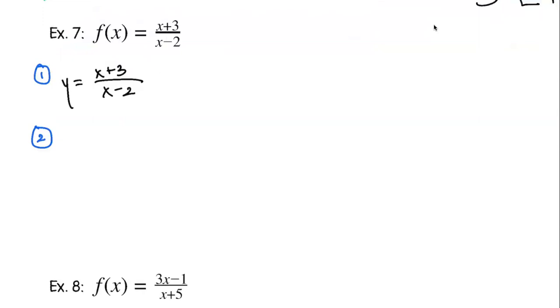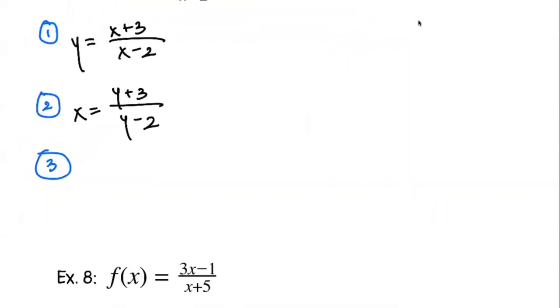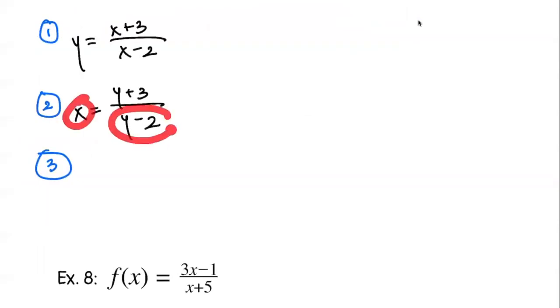This, my friends, is the tricky part. Now we have to go ahead and find out how we get y all by itself. So we're going to start here by going ahead and cross multiplying, okay? So I'm going to go ahead and take x and I'm going to multiply it by y minus 2.